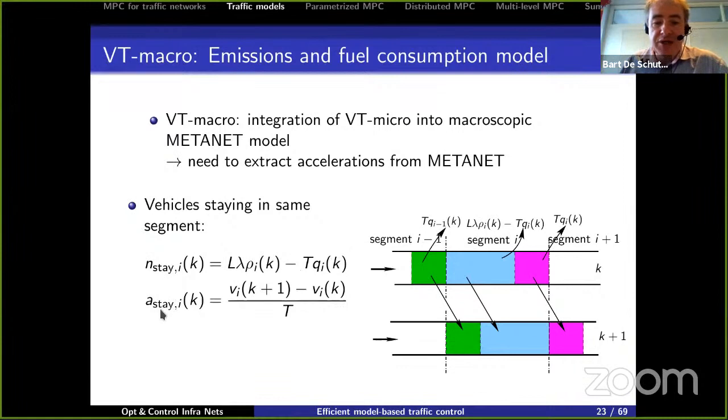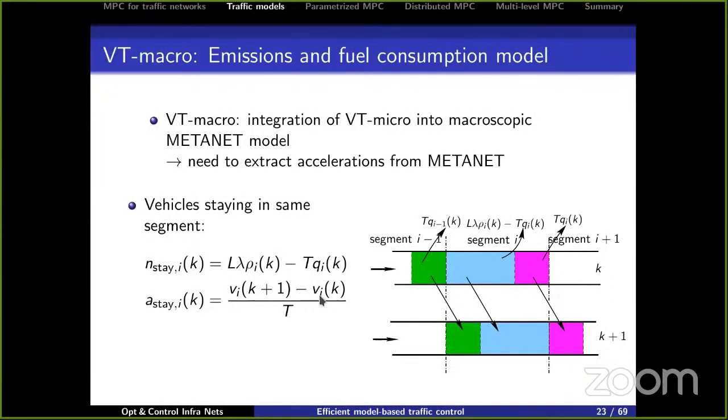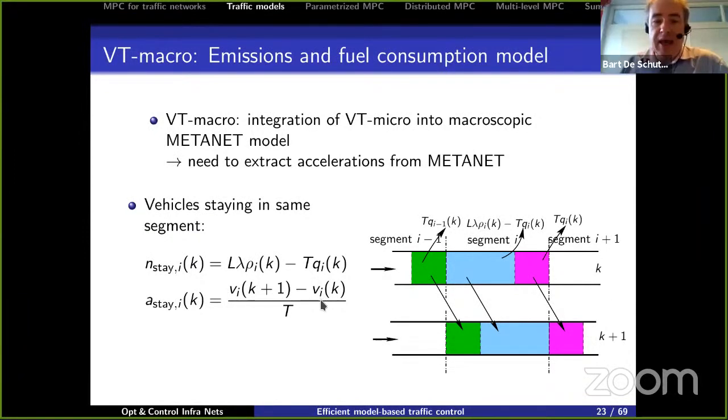Then the acceleration of the vehicles that stay in the link is just the difference between the new speed, the speed at k+1 in the ith segment, minus the speed at k in the current segment. So in that way, we can connect or derive accelerations that we can then use in MetaNet.